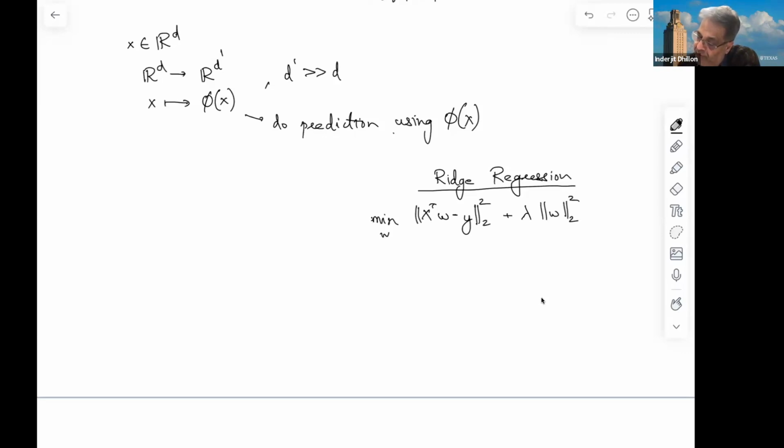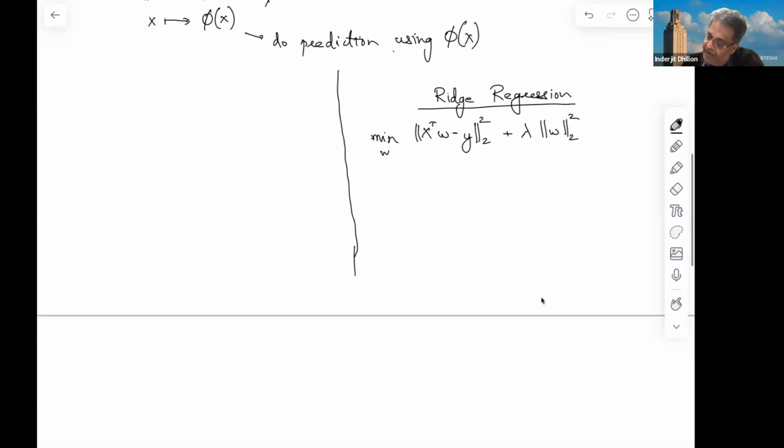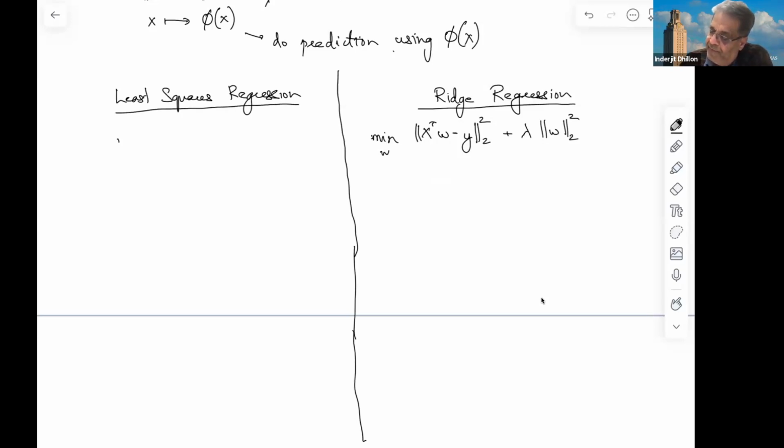And just to contrast things, we draw a line over here. Our regular least squares regression, which we have examined so far, was just the minimum of the 2-norm square of X transpose W minus y.